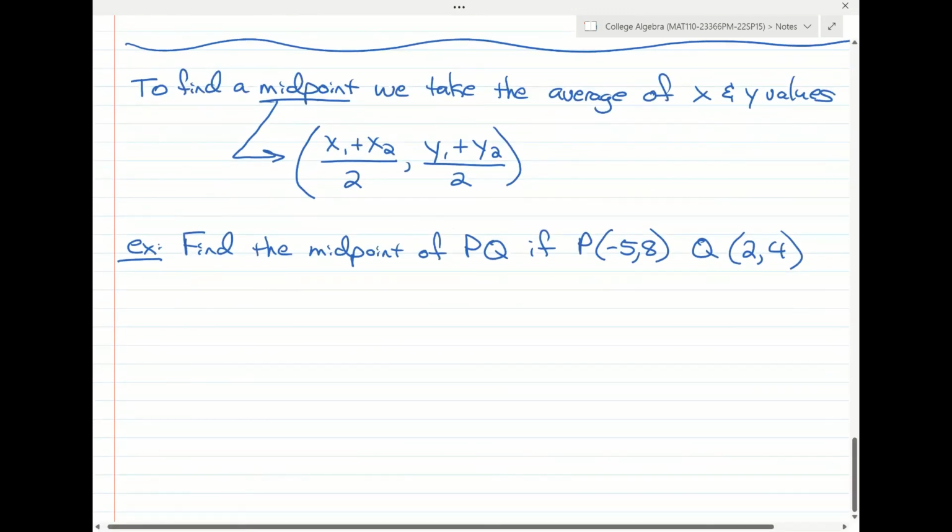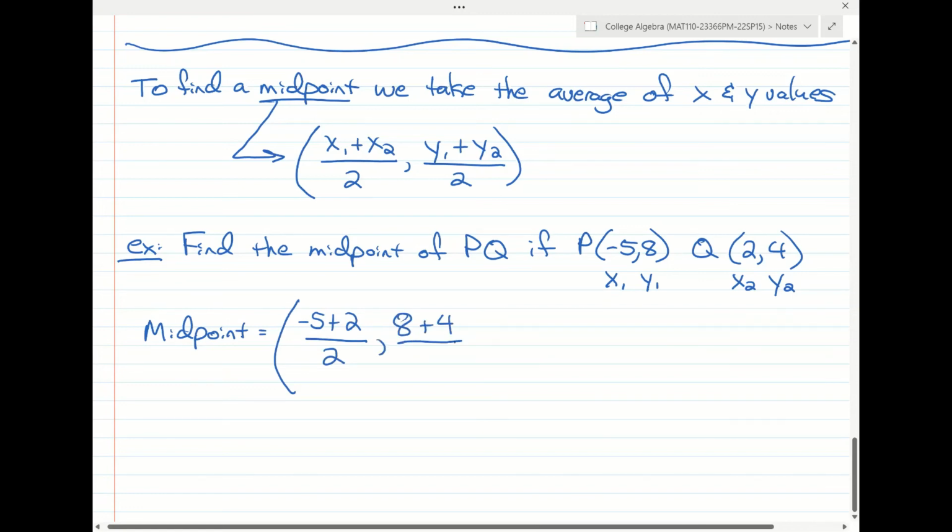We have 2 points, this would be x1 and y1. This would be x2 and y2. And then we just have to use the formula for a midpoint. Midpoint would just be take the x values and add them together, divide by 2. Take the y values, divide by 2.